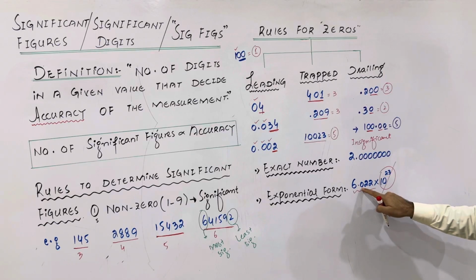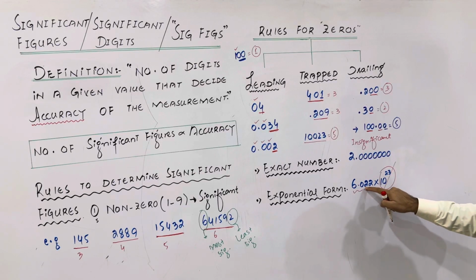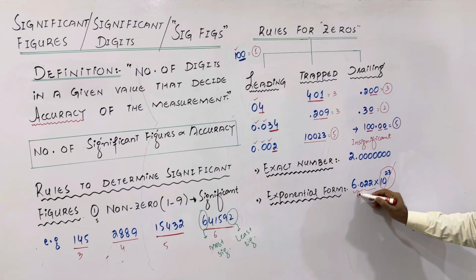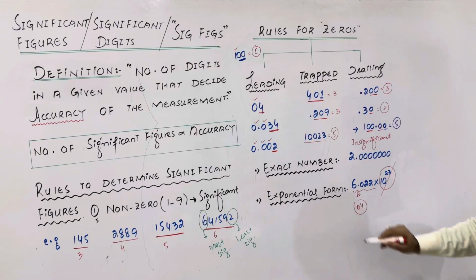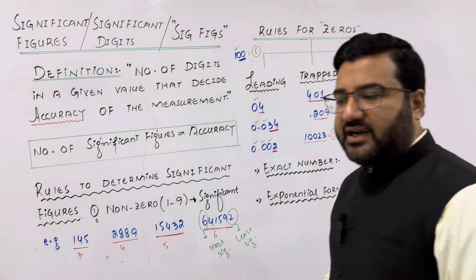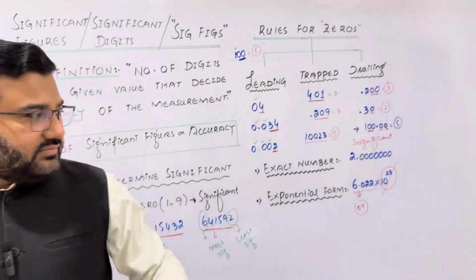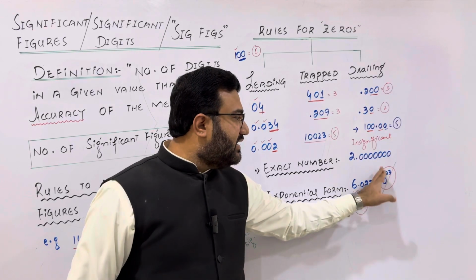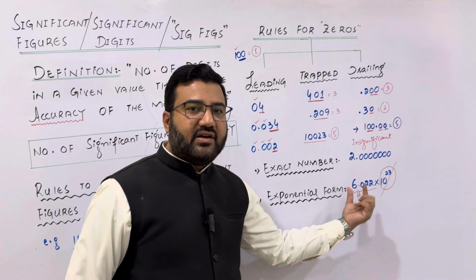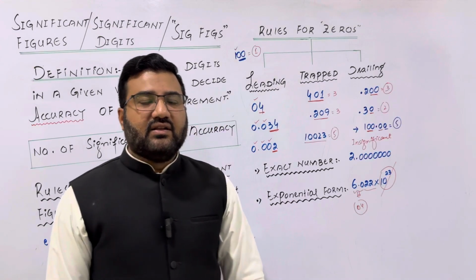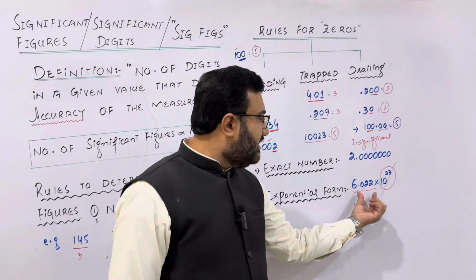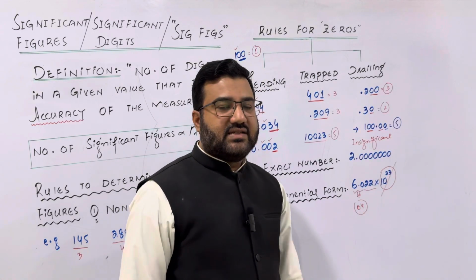It is a trapped zero, so it is significant. And these two are again non-zero numbers, so they are also significant. In this value, there will be a total of 4 significant figures. So keep in mind that in the case of an exponential number, the exponential part is considered insignificant, and the number written to the left of it is considered significant. Here this will be significant and this will be insignificant.